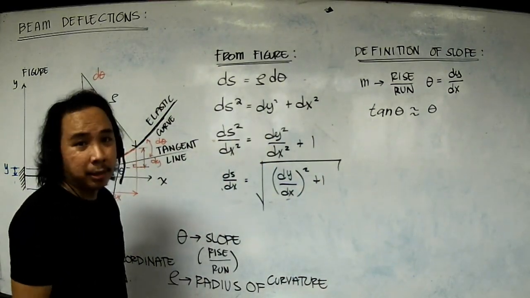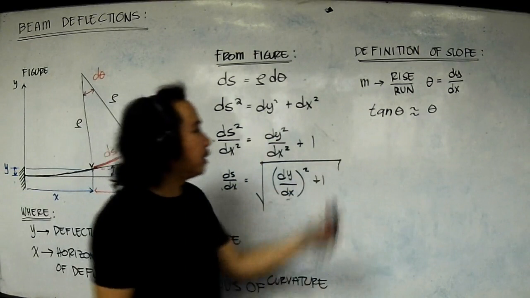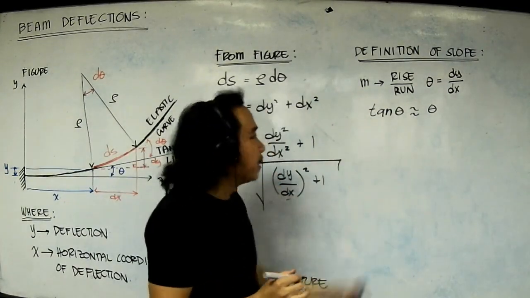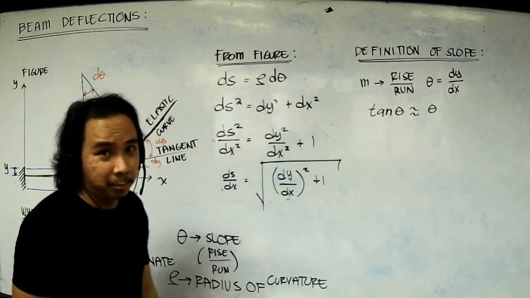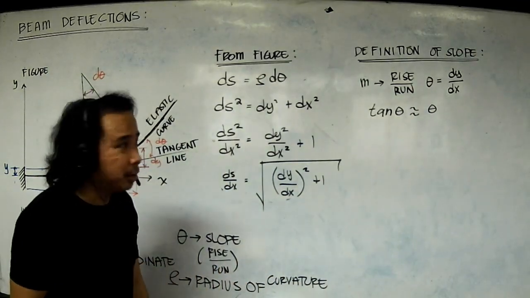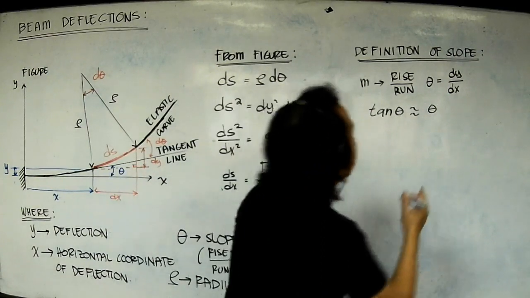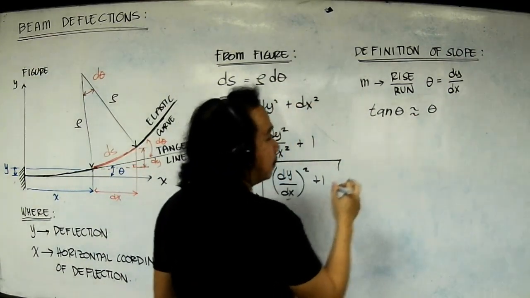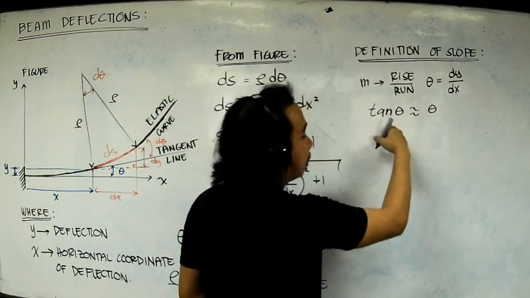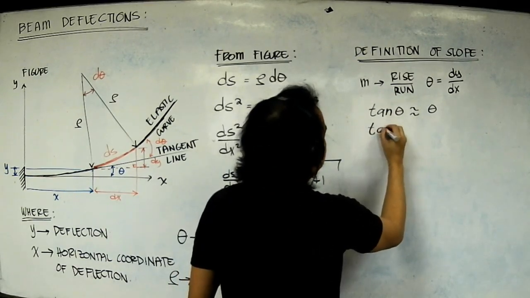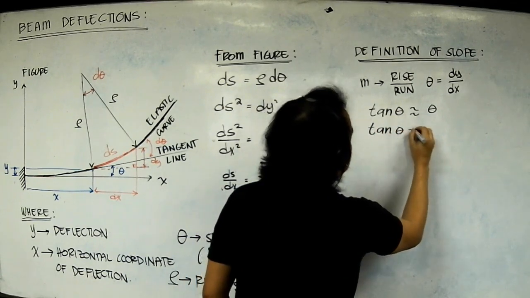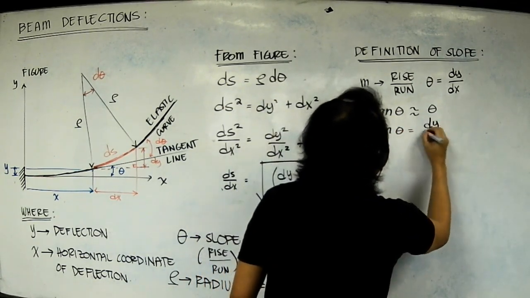You can grab a calculator, set it to radians, and try 0.001, and most likely you will get 0.001 again. You can experiment on that. Now, if that is the case here, I can assume that this should be equal to this. Since the angles are very small, our assumption is valid. So we have something like this.